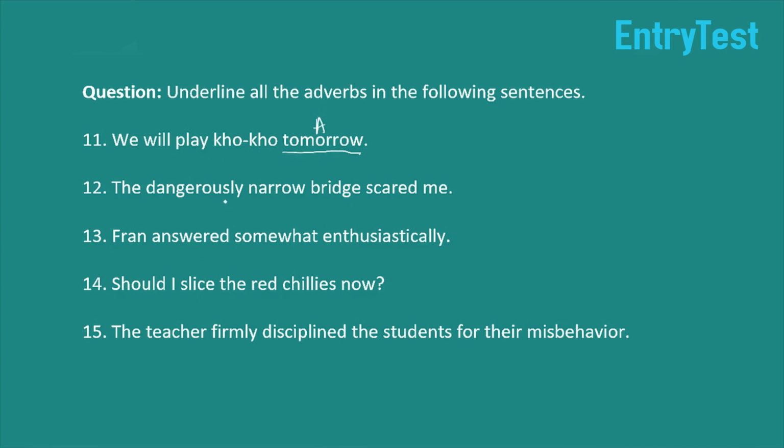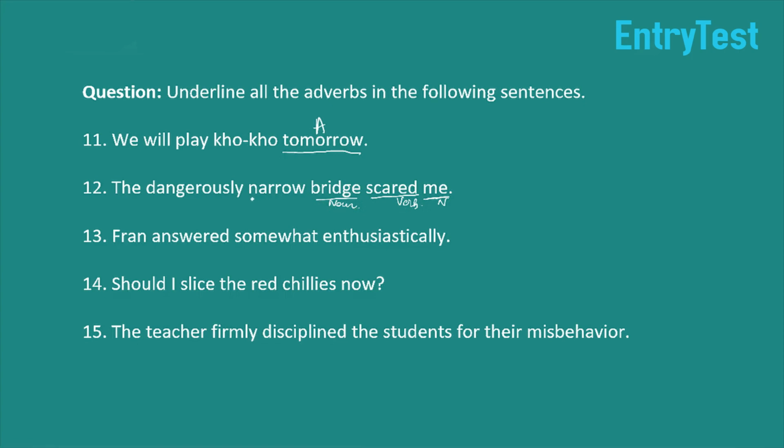12th one. So friends, this is a bit tricky one. Let's do it together. The dangerously narrow bridge scared me. So here me, I'm the noun, and I am being scared. So this is an action being performed, this is the verb. And bridge is the noun, again the name of a thing. Now how is that bridge being described?